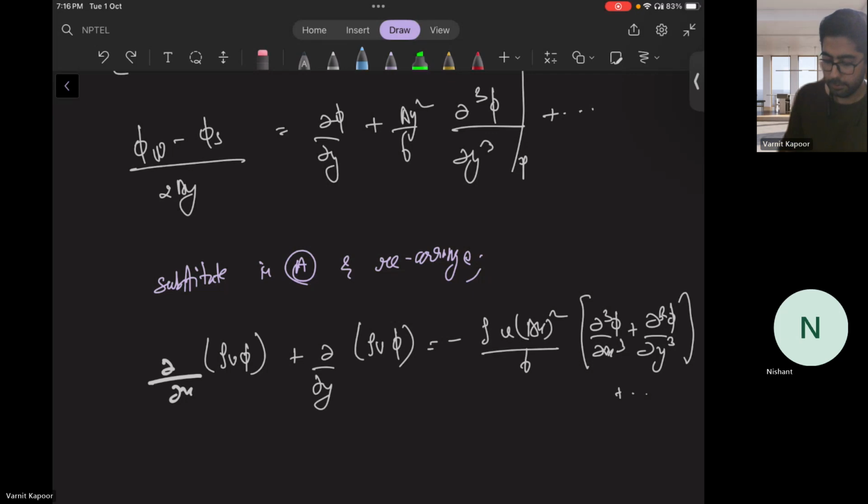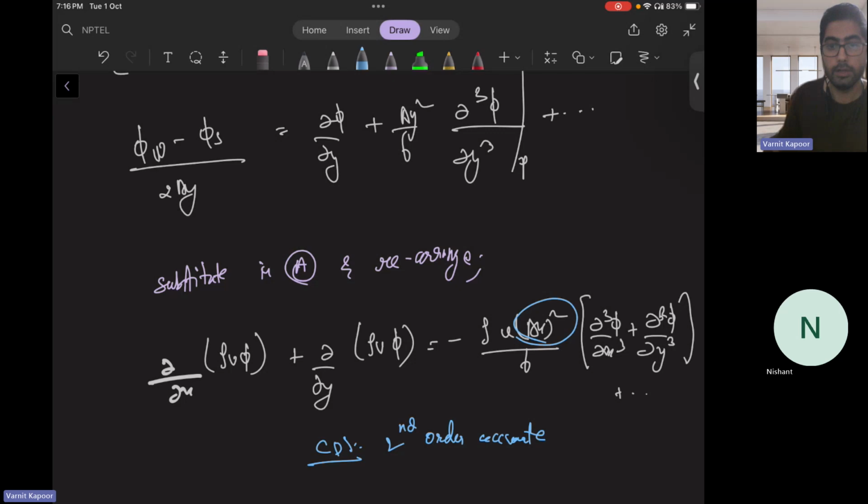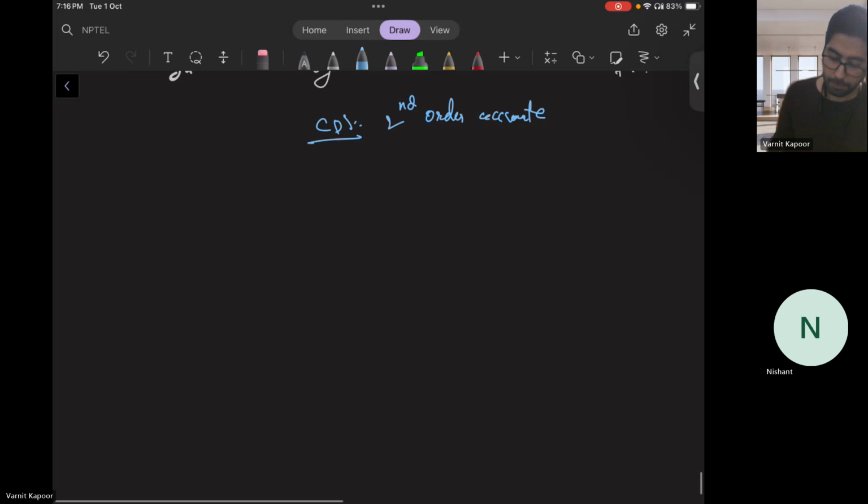But here it is of order Δx², so CDS is second order accurate, but with some dispersive terms. So I've explained the behavior, why there were oscillations and dispersiveness in the graph.